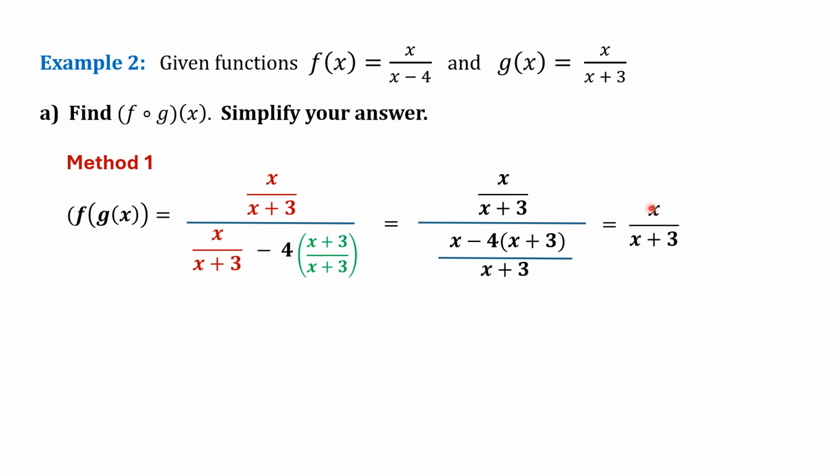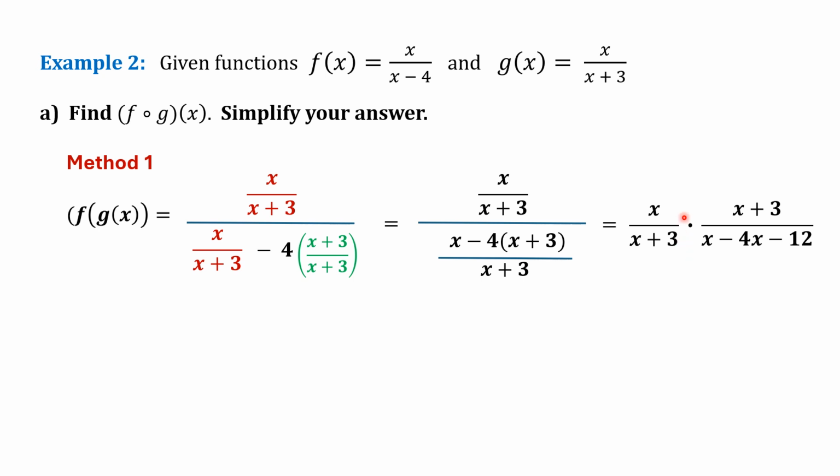So copying the numerator, which is x over x plus 3, we change the division to multiplication, and then we get the reciprocal of this denominator. So multiply by x plus 3, and this numerator will be written in the denominator. At the same time, we distributed negative 4 in x plus 3 to have negative 4x minus 12.